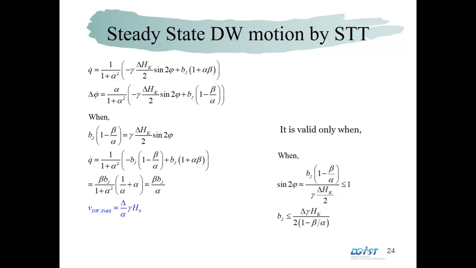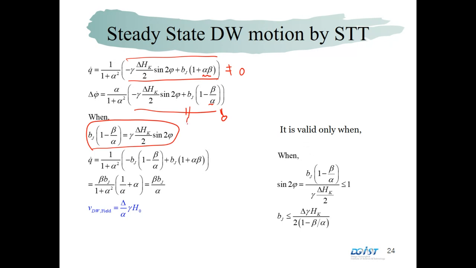But if we have a non-zero non-adiabatic torque, these two equations are no longer the same. So when they satisfy this condition, this term is not zero, meaning phi dot is zero.